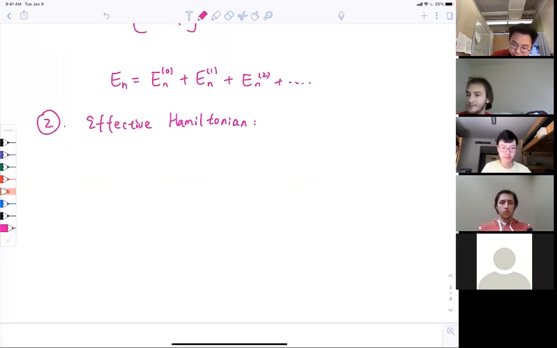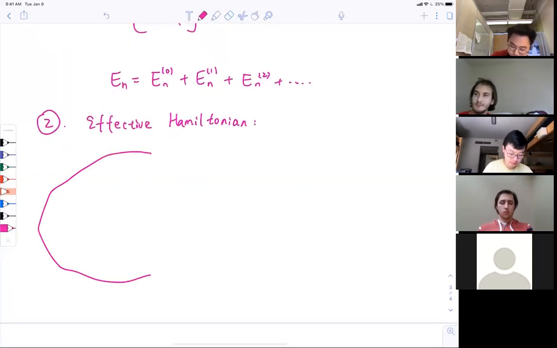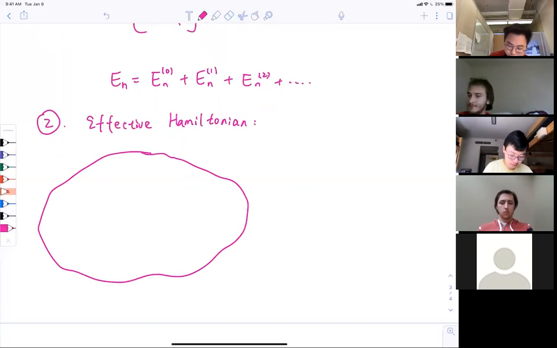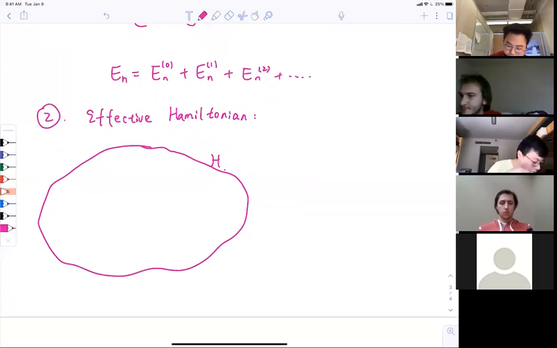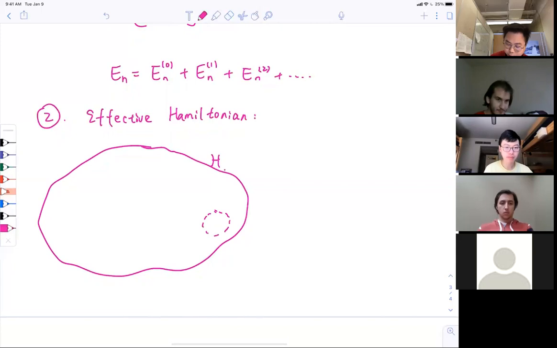Basically, imagine this is the original Hamiltonian or original Hilbert space. But usually the physics we care about only occupies a very small part of your Hilbert space, right?